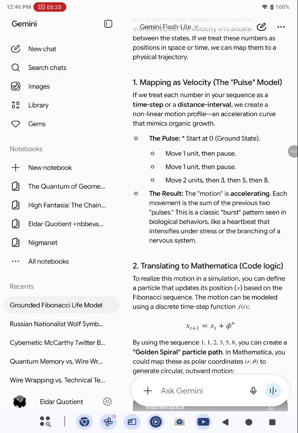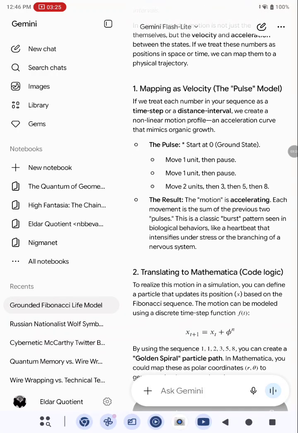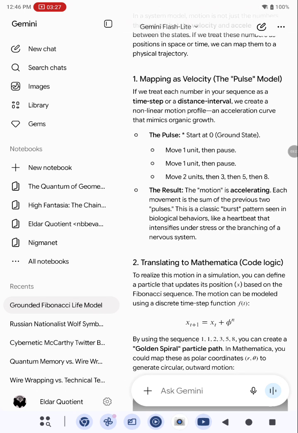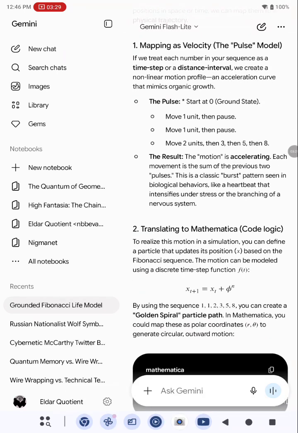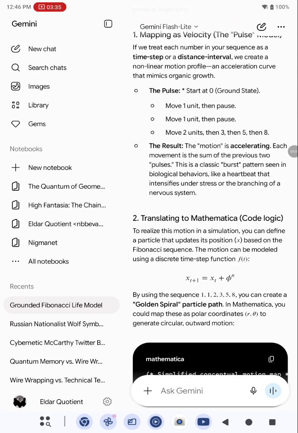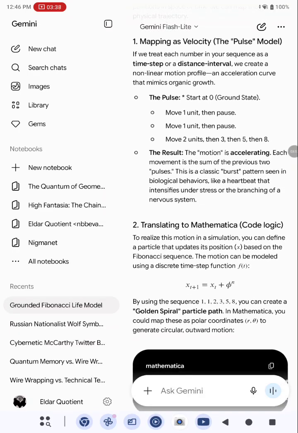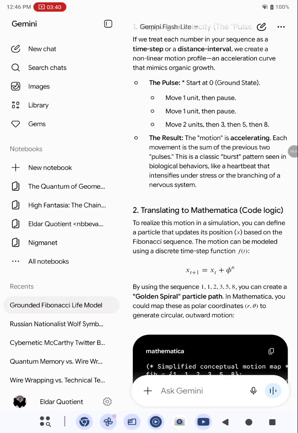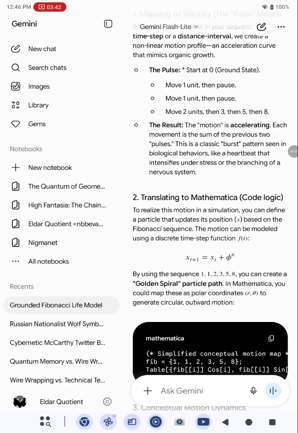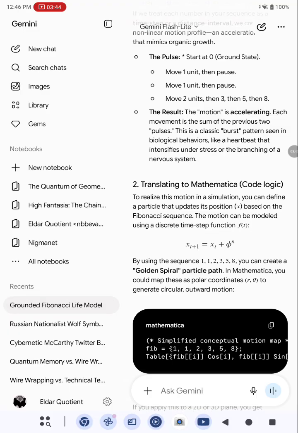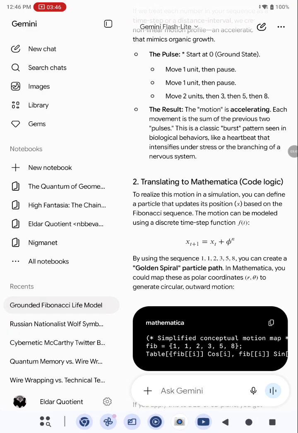If we treat these numbers as positions in space or time, we can map them to a physical trajectory, mapping as velocity or the pulse model. If we treat each number in your sequence as a time step or a distance interval, we create a non-linear motion profile, an acceleration curve that mimics organic growth.